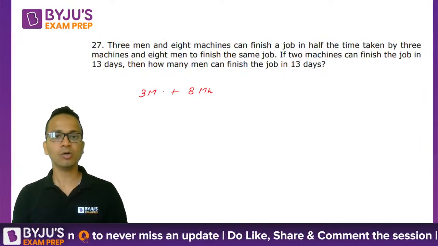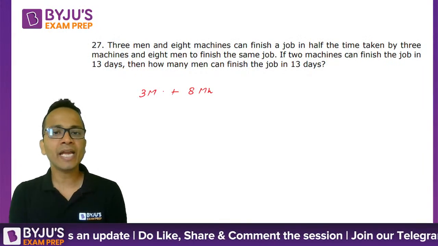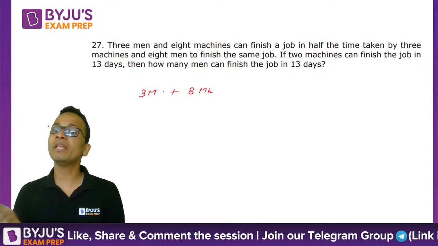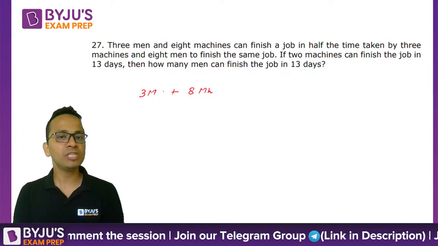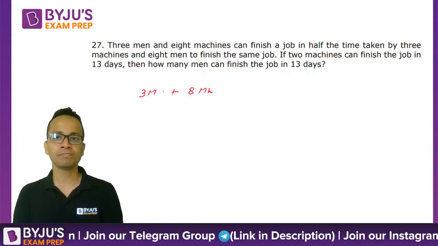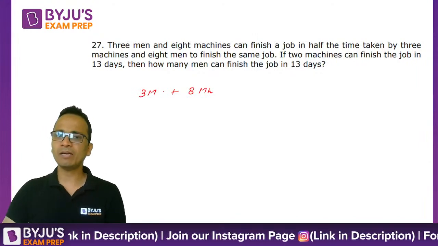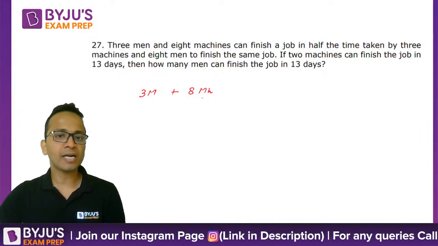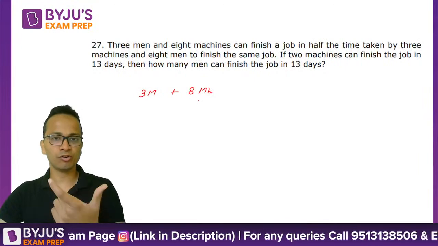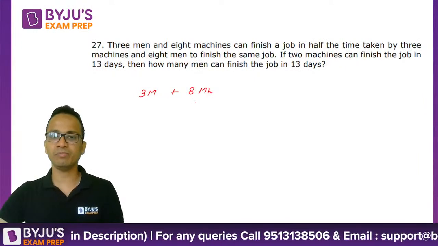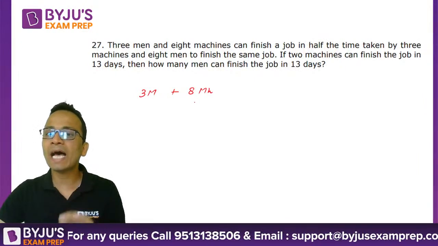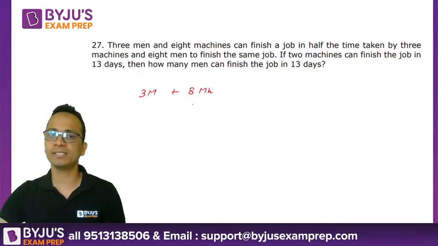All right? Okay. So 3 men and 8 machines can finish a job in half the time taken by 3 machines and 8 men. So अगर half time में cover कर रहे हैं, finish कर रहे हैं काम, so that means the first set of variables should be twice as efficient as the second set.